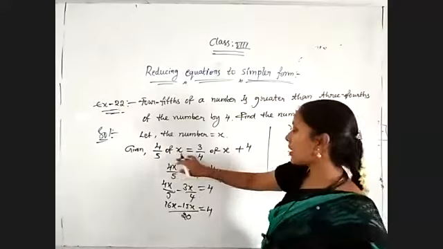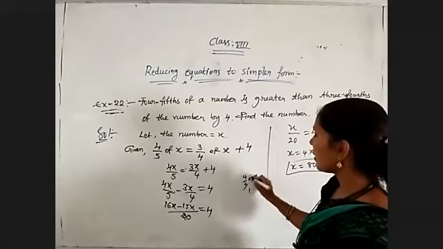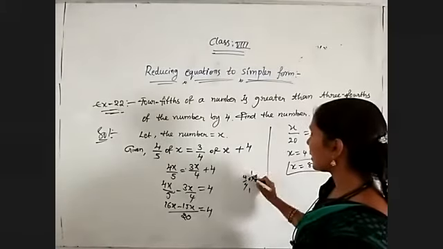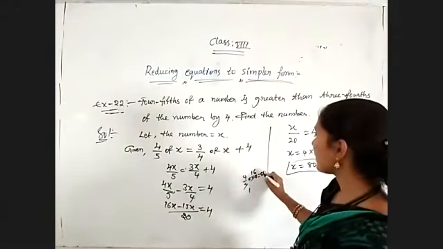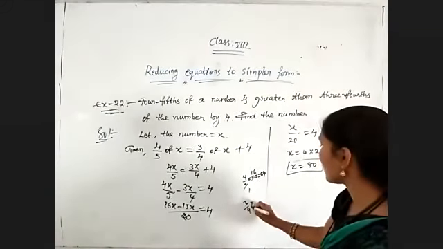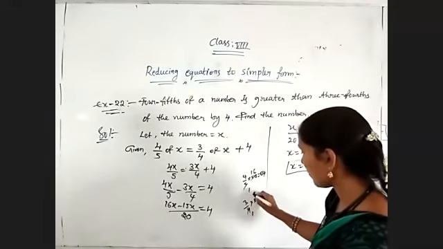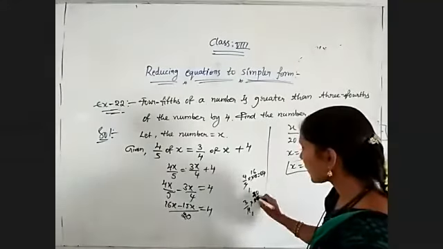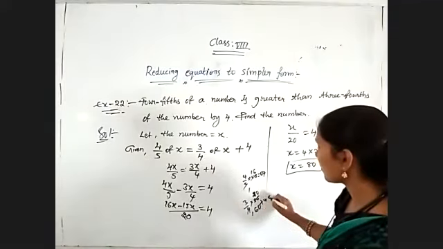If you have any doubt, check here. 4/5 of the number means 4 by 5 into 80. 5 ones are 5, 5 sixteens are 80, 4 sixteens are 64. Now coming to the 3/4 of x, 3 by 4 into 80. 4 twenties are 80, 3 twenties are 60, plus 4 is 64.